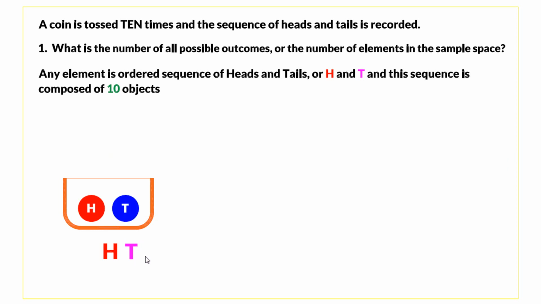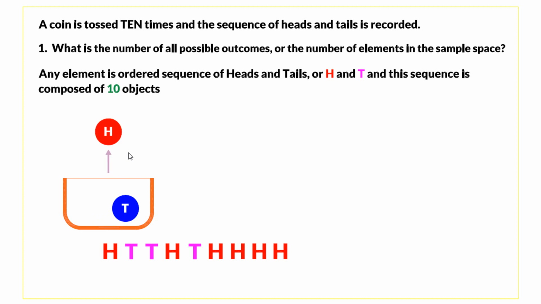So we return the ball back and we withdraw again and we write the name of the withdrawn ball, and we keep doing that, withdrawing and then returning, withdrawing, returning, and so on until we get a sequence of 10 letters.